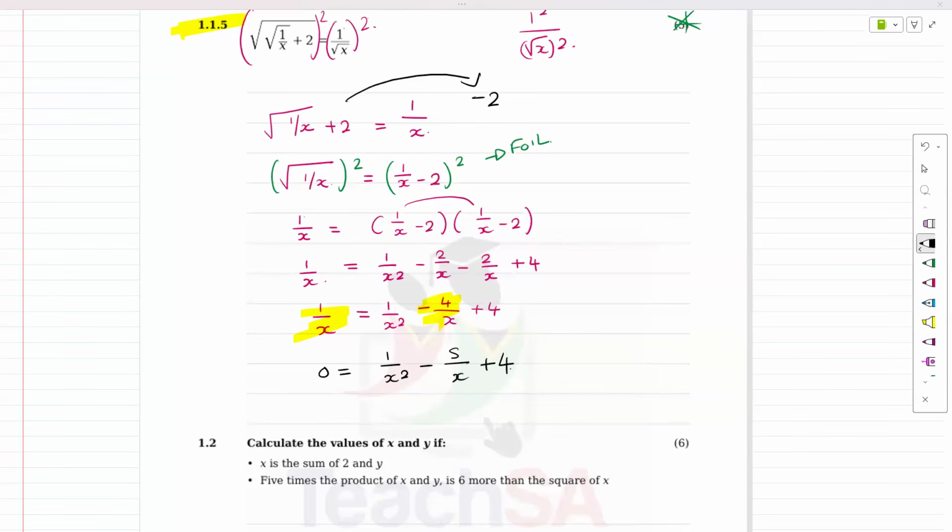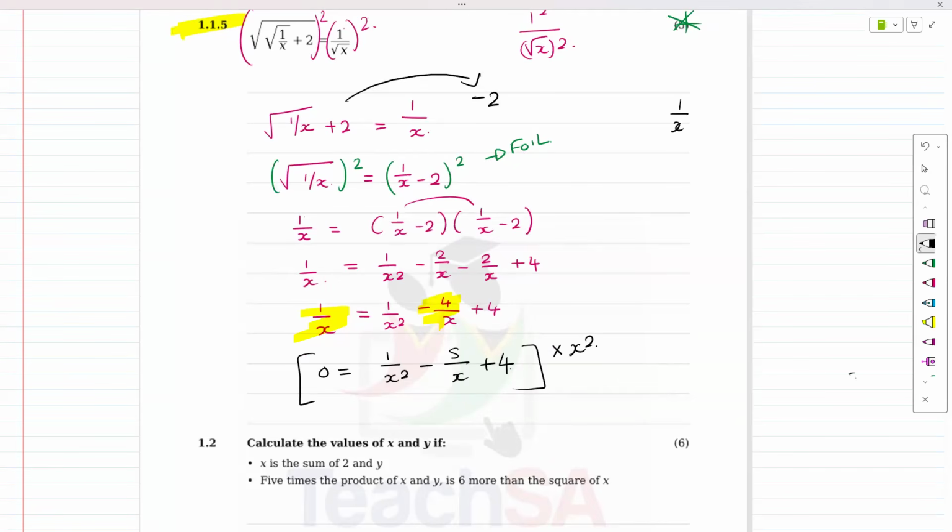Okay, guys. Yeah, from this point, I guess things are a bit difficult to deal with, but we can multiply each term by x squared. And when we do that, we end up with x squared and x squared cancels out, right? So we end up with 1 minus, guys, I just want to show you what's happening.